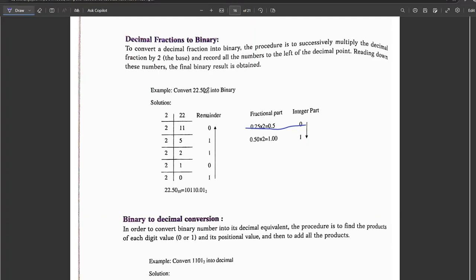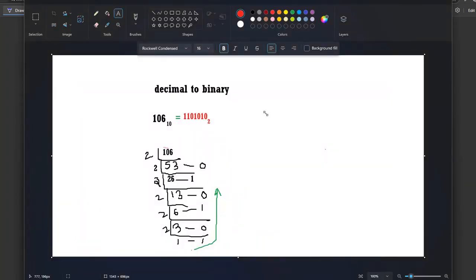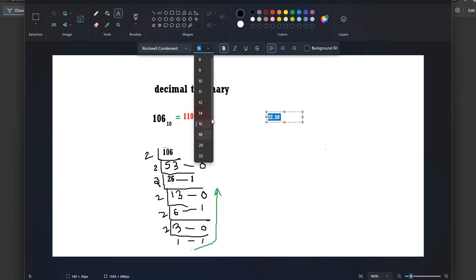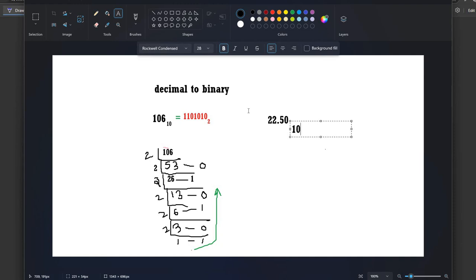We'll try to solve this number. 22.50, to the base 10.